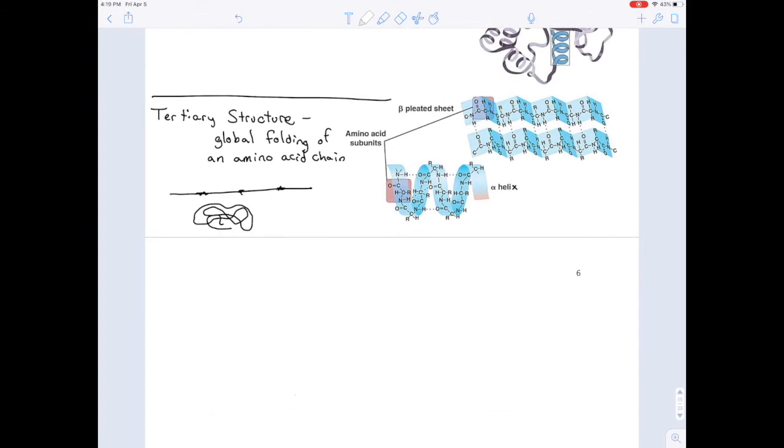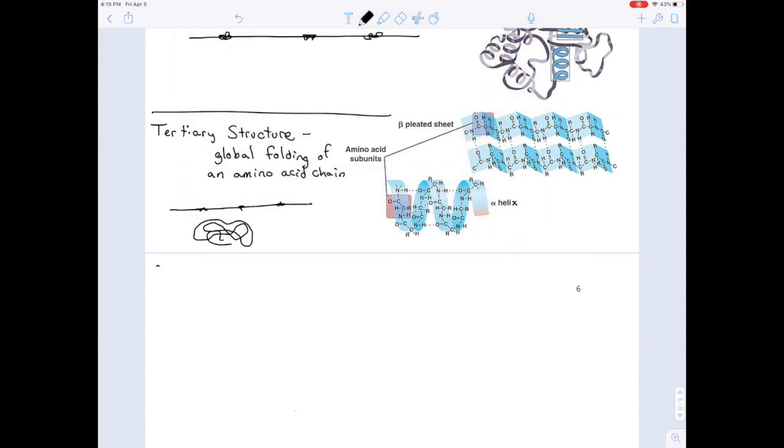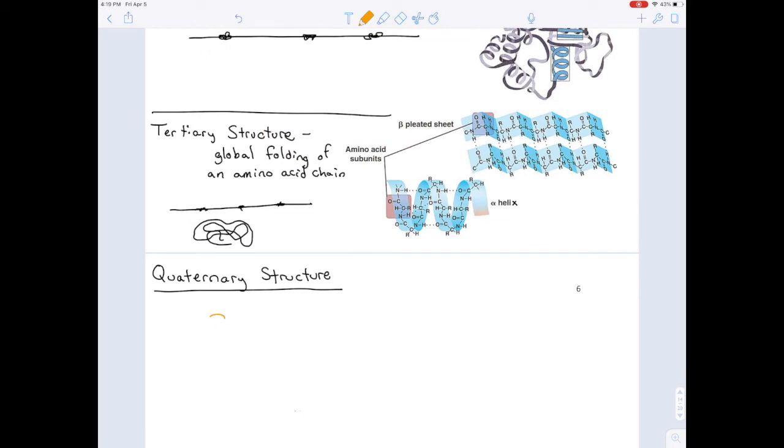Now, for the quaternary structure, this is the last level of structure. Proteins have 4 levels of structure. The quaternary structure is when you have multiple globally folded peptides, and to make this more visible, we'll do this in different colors.